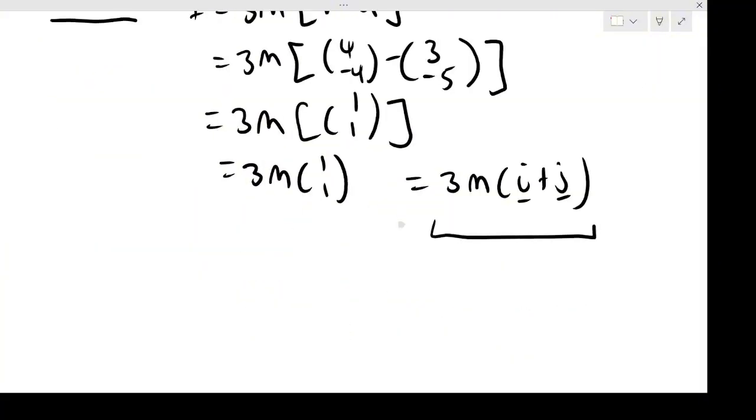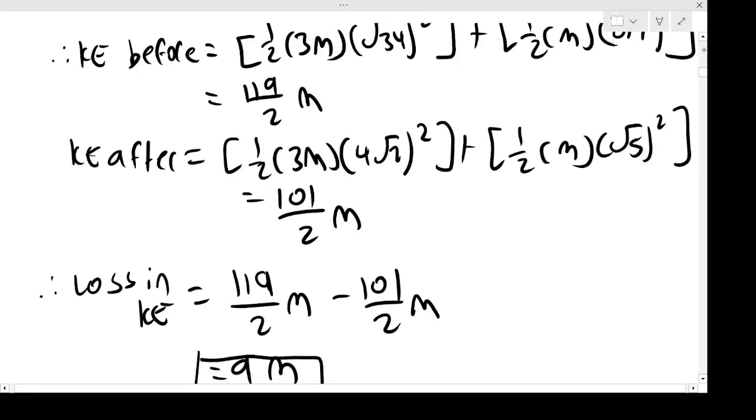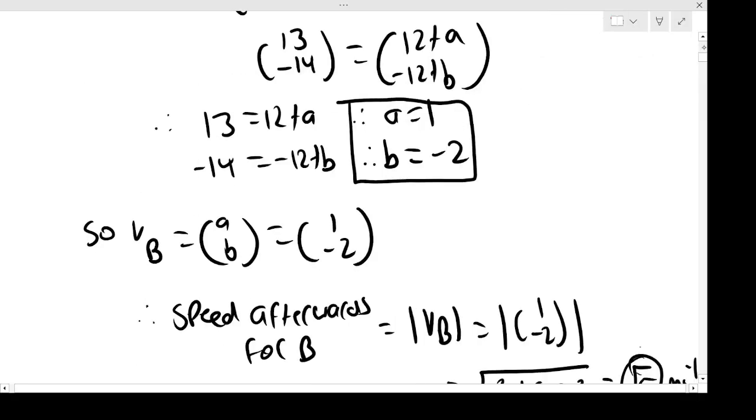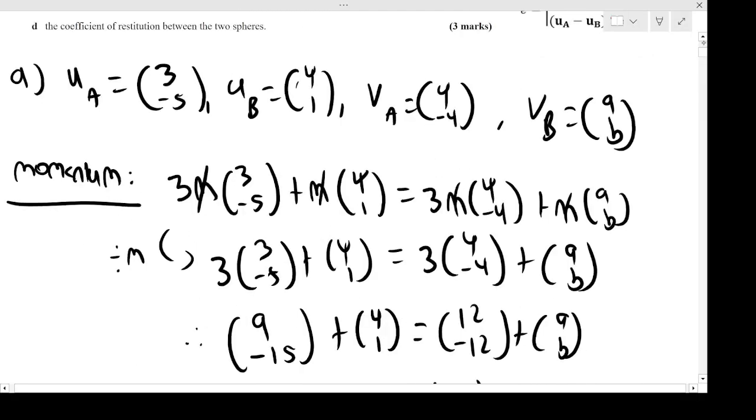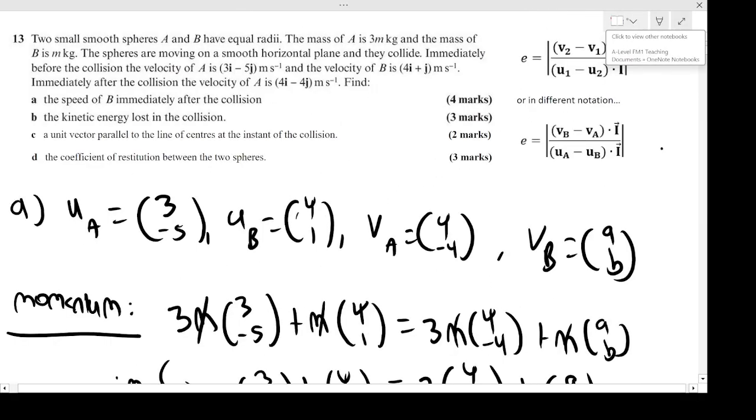So this is my impulse vector. Now, if I go back to the question, what is it asking specifically? It's asking for a unit vector that's parallel to the line of centres. So what that is saying is I don't necessarily need the impulse, I just need a vector that's parallel and then find a unit vector for it.